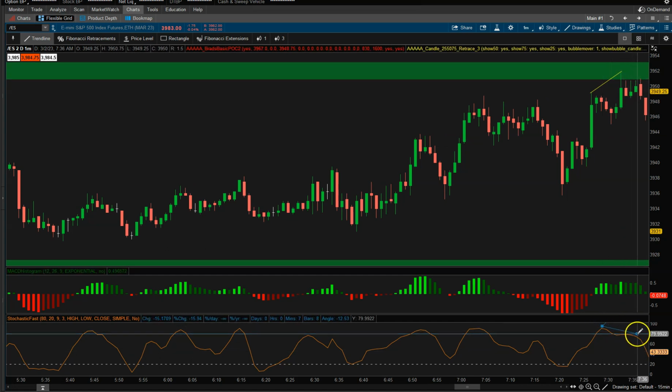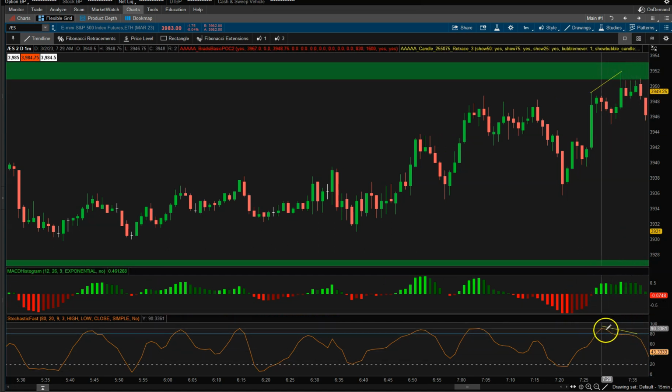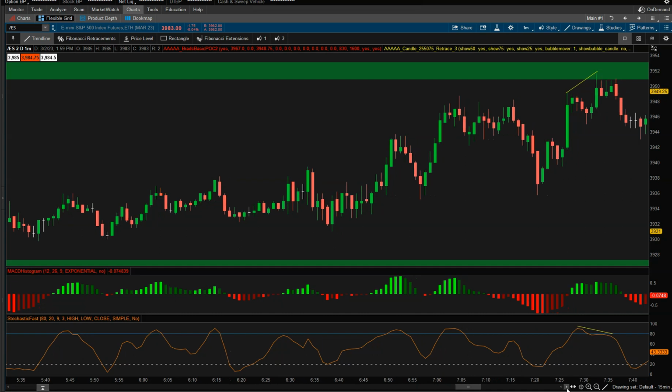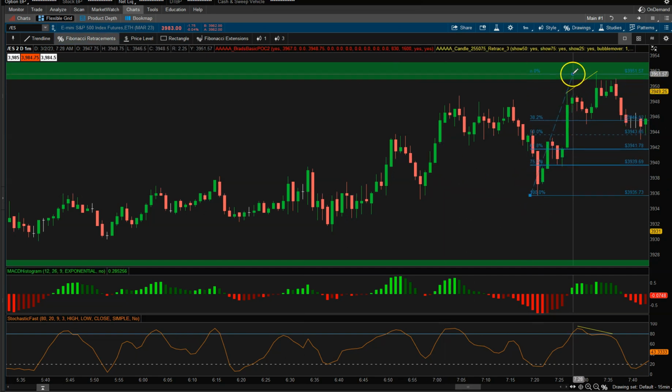And look at the divergence that we had down here on our fast stochastics. So far, we'd be 2 for 2 according to all the rules, right? Now, we took out this low right here, so now the market might go lower, so I'd be watching for a Fibonacci pullback.